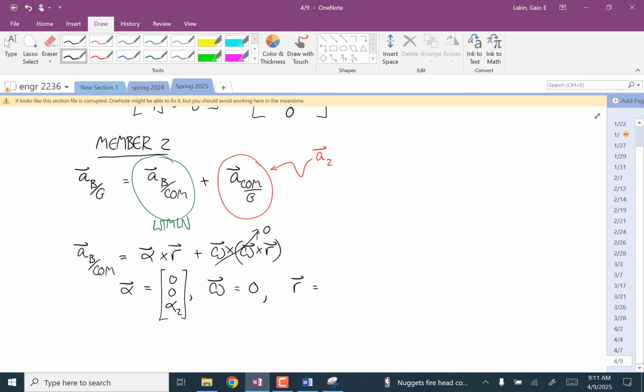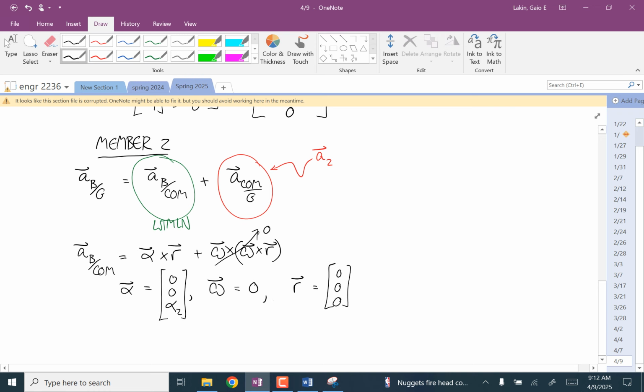In the next section, more than in anything else, you're really going to see why, because if you're not thinking of these as definitions, it's going to mess with your head, okay, like what these vectors are. So that R vector goes from the center of the circular or spherical motion to the point that you care about. The center of the circular or spherical motion, this is relative to the center of mass. So that is the center of mass, okay? The point we care about is also the center of mass in this case. And so this r vector is 0.